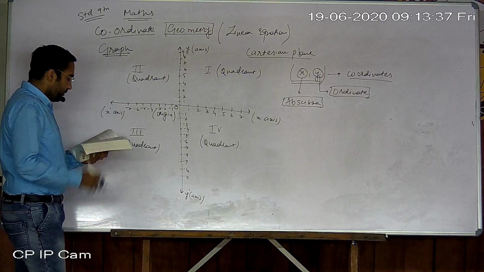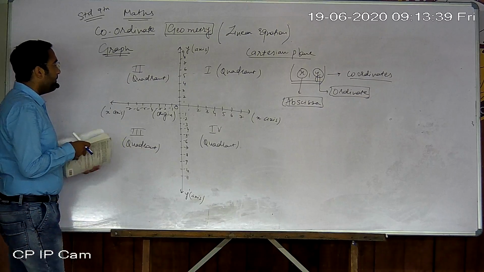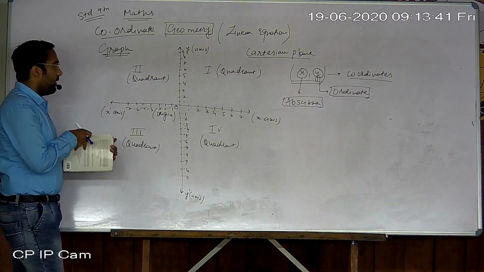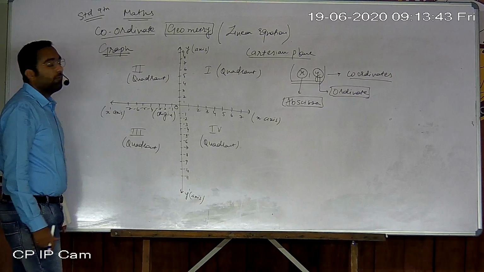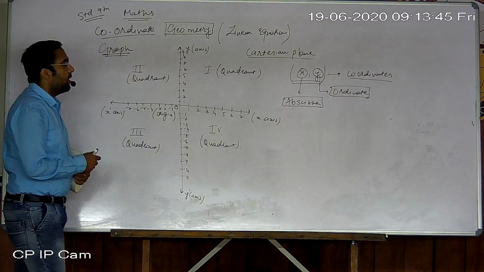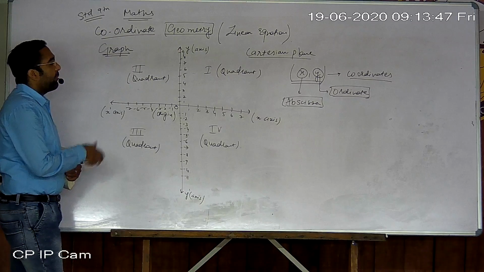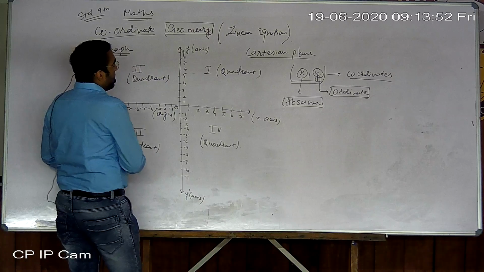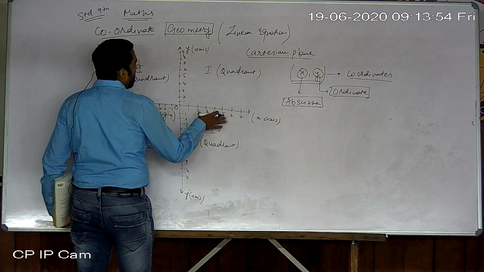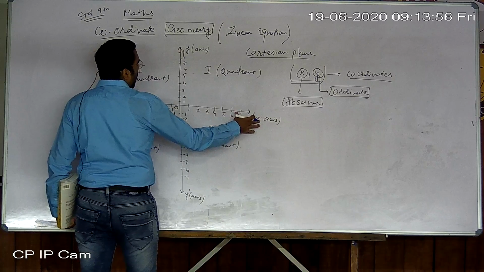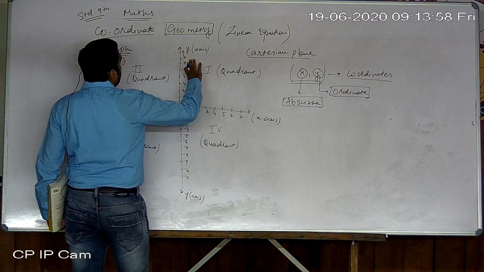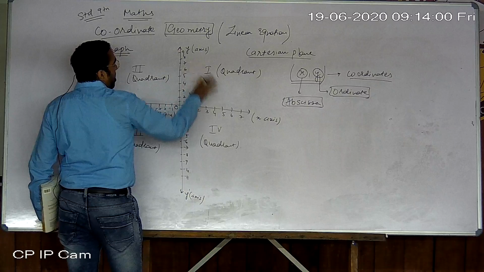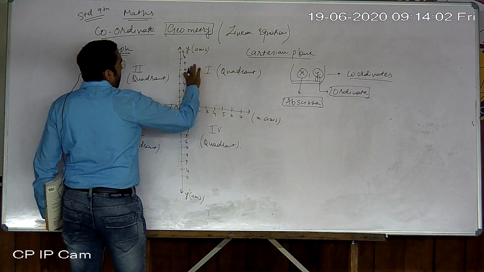Now we have to check which kind of values of abscissa and ordinate are plotted on this graph. In the first quadrant, always the abscissa, that is the value of x, and the ordinate, which is the value of y, both of them are positive.